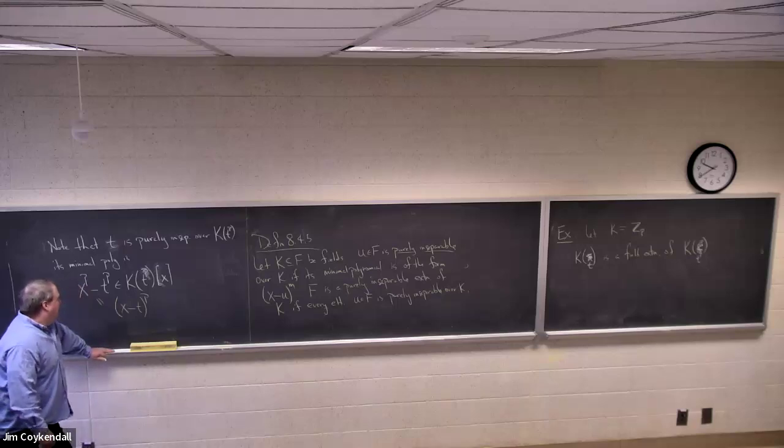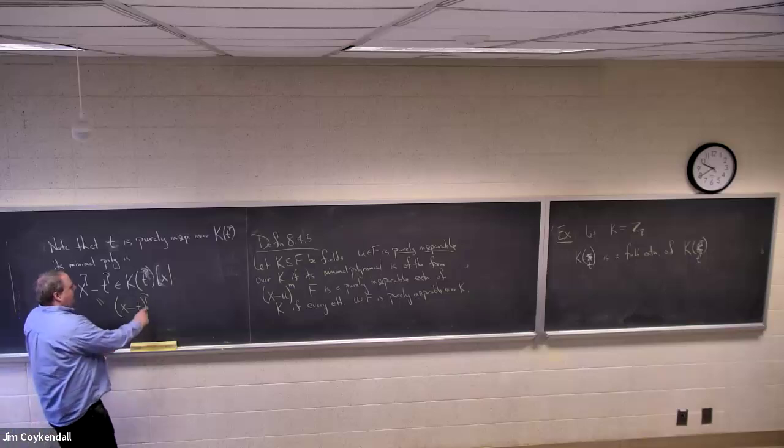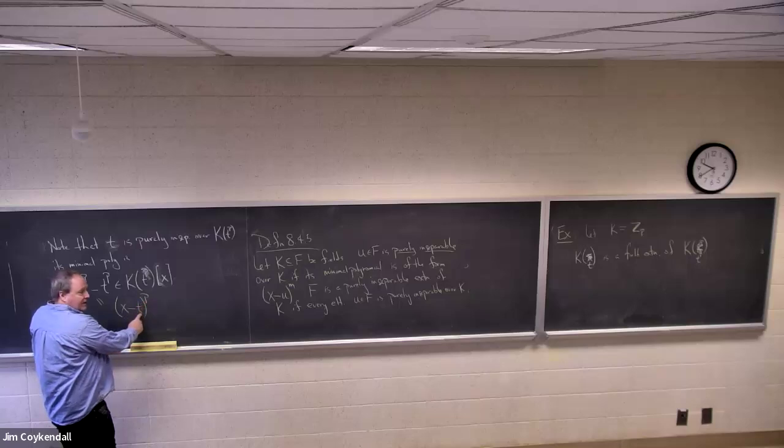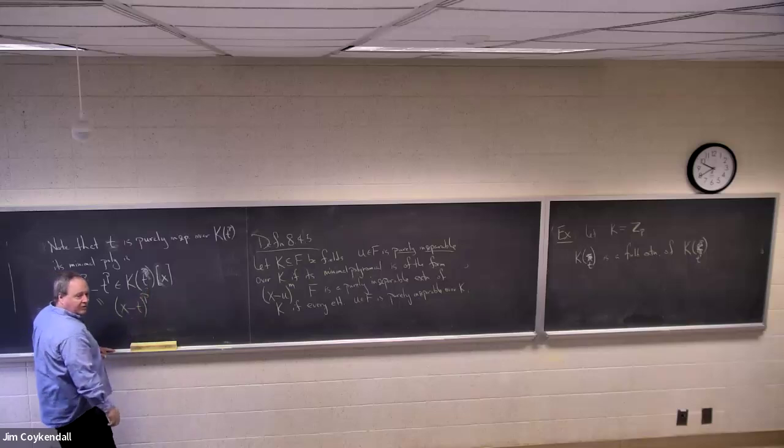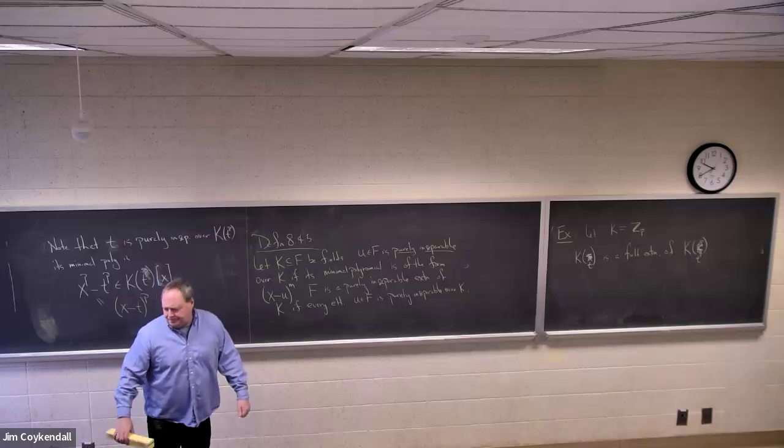But it's fairly easy to see that this is the minimal polynomial because, for example, if you have any exponent less than p, then x to that exponent would have to be an element of K(x^p), which is not the case here, right? So this is indeed minimal.